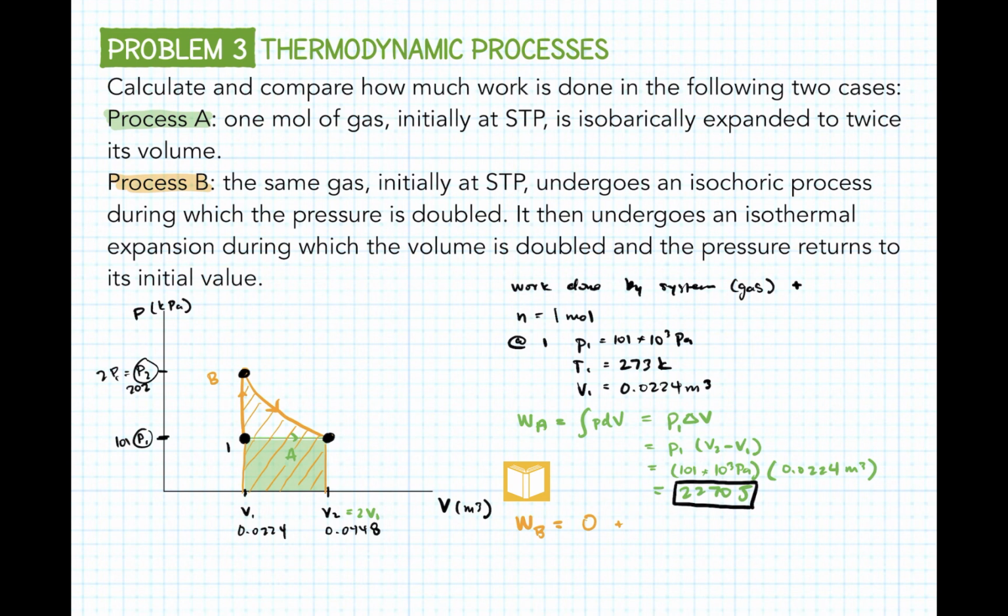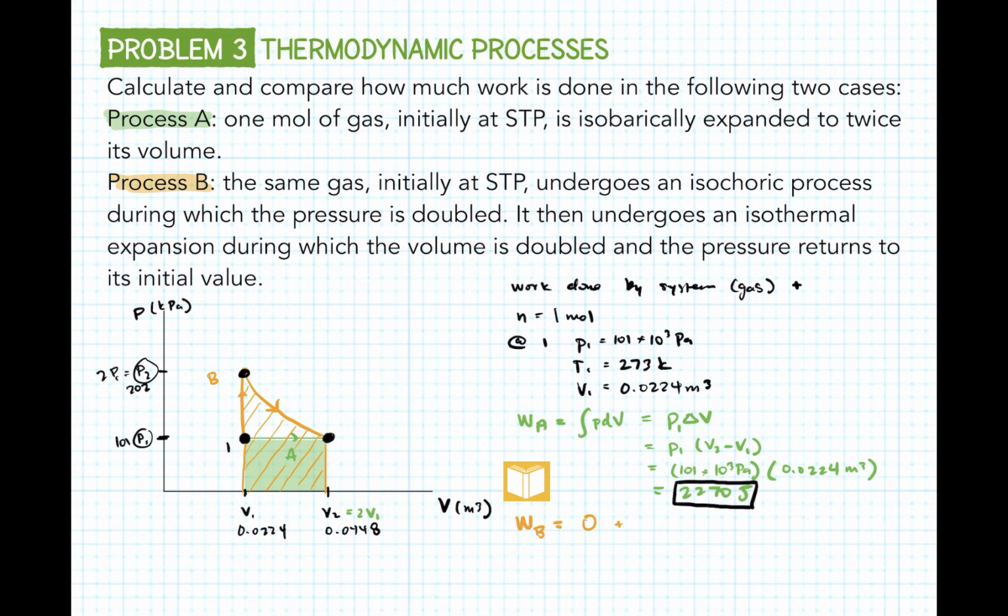There are a couple different ways to do this, but the easiest one would be nRT ln of V final over V initial. Remember PV equals nRT, so if nRT is constant, it's the same as P1 V1, and the same as P2 V2. Whether you use this point or this point doesn't matter, because P times V is the same all the way along the isotherm.